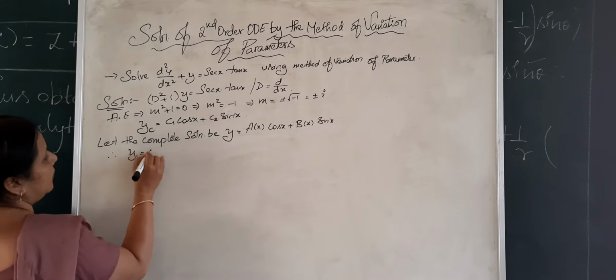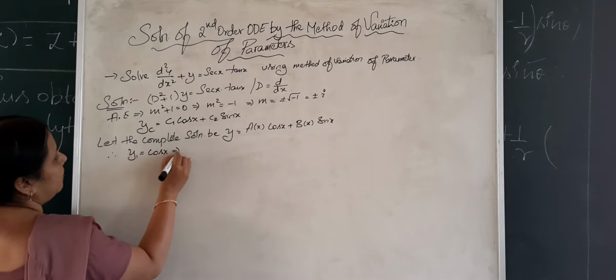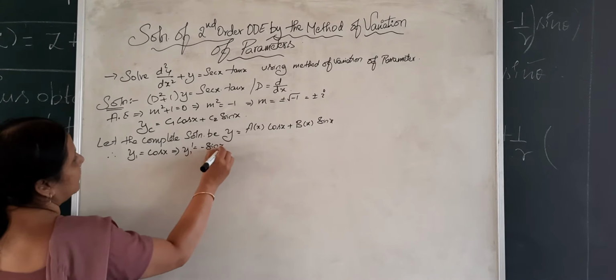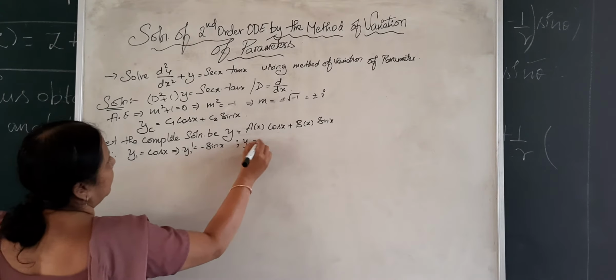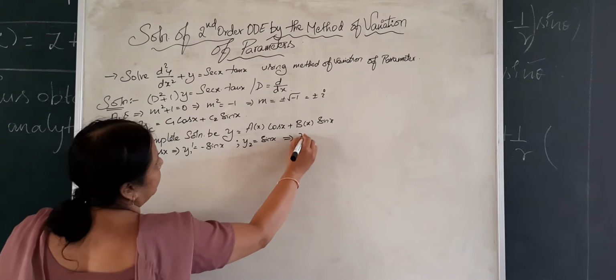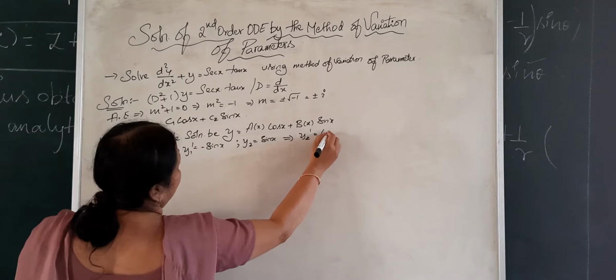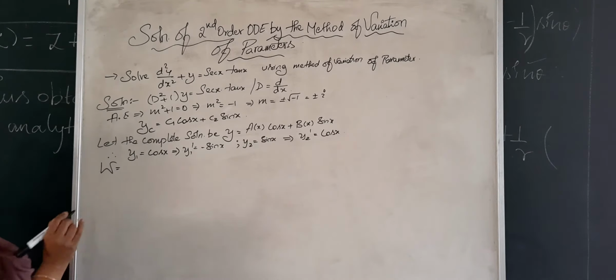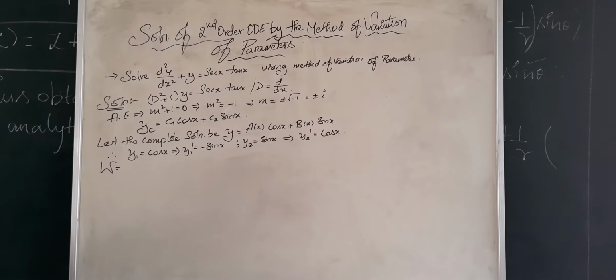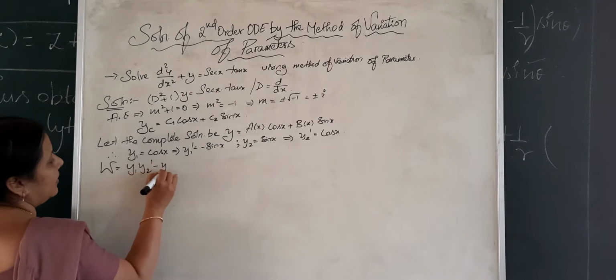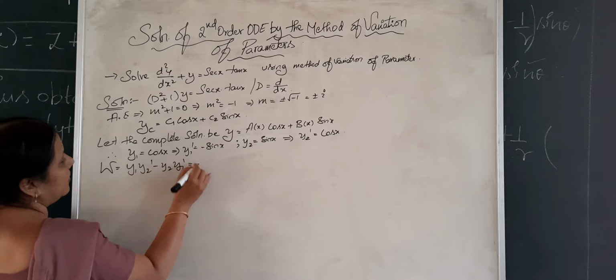Therefore, y1 is equal to cos x implies y1 dash is minus sin x, and y2 is equal to sin x implies, finding the first derivative, y2 dash is cos x. Now compute the Wronskian. What is the formula for W, guys? W is equal to y1 y2 dash minus y2 y1 dash.